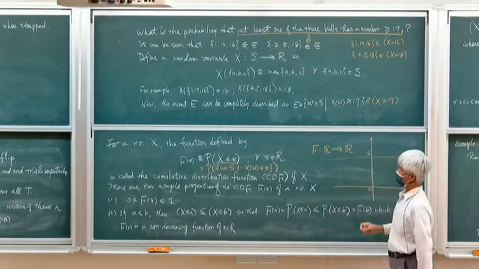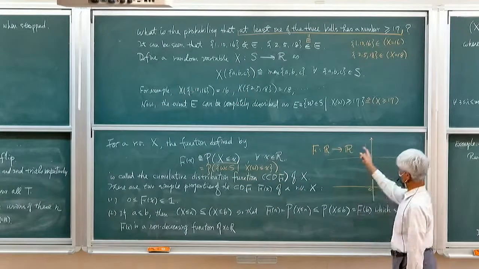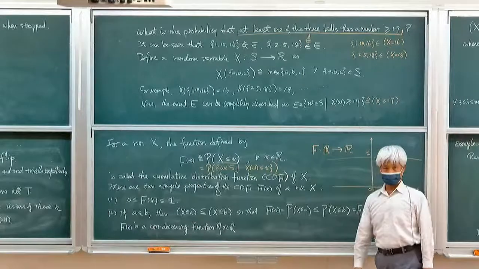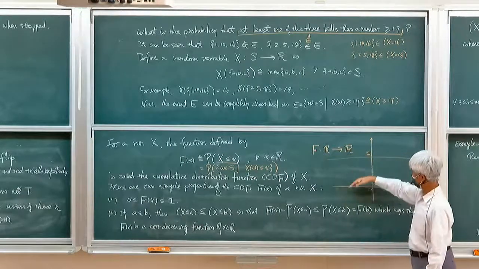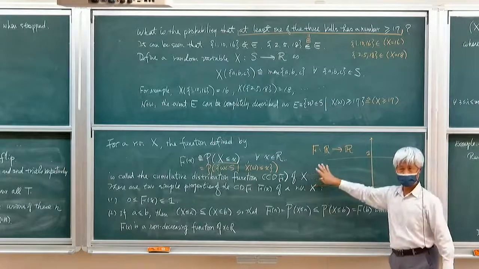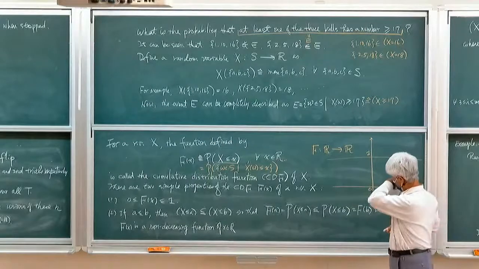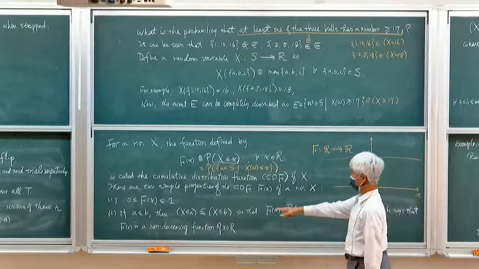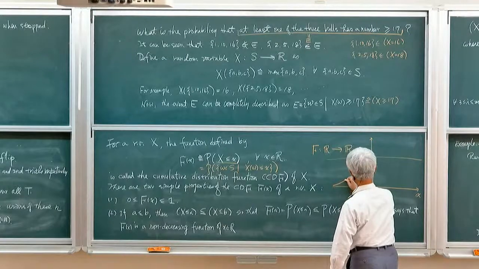Now if we draw a figure of the CDF, the CDF is in between 0 and 1, so it should be confined in this strip. And it's monotone, non-decreasing, so it should go in this way.